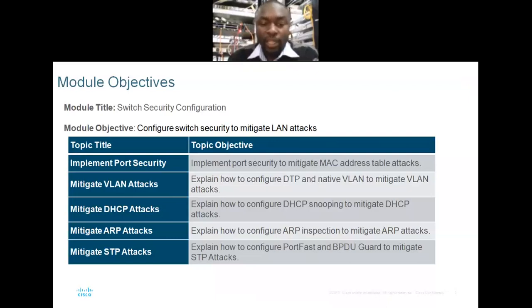We're also going to explain how to configure DHCP snooping and mitigate DHCP attacks, how to configure address resolution protocol inspection to mitigate ARP attacks, and finally how to configure PortFast and bridge protocol data unit guards to mitigate STP attacks. So that's what we're going to be looking at today.